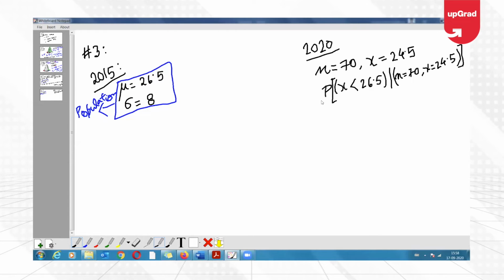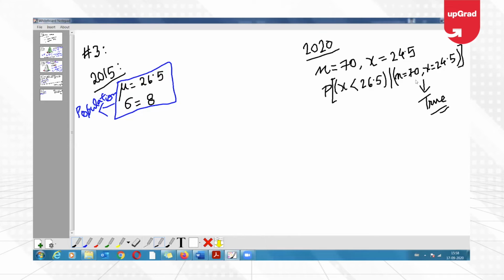So what do we want to find out? The probability of x being less than 26.5 when I found that n is equal to 70 and x is equal to 24.5. N is the number of kids I surveyed and x is how much TV they watch. So this part I know is true because I have done it.